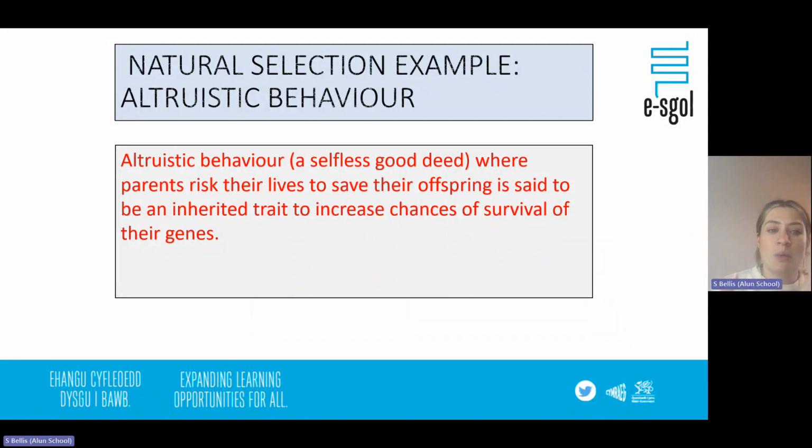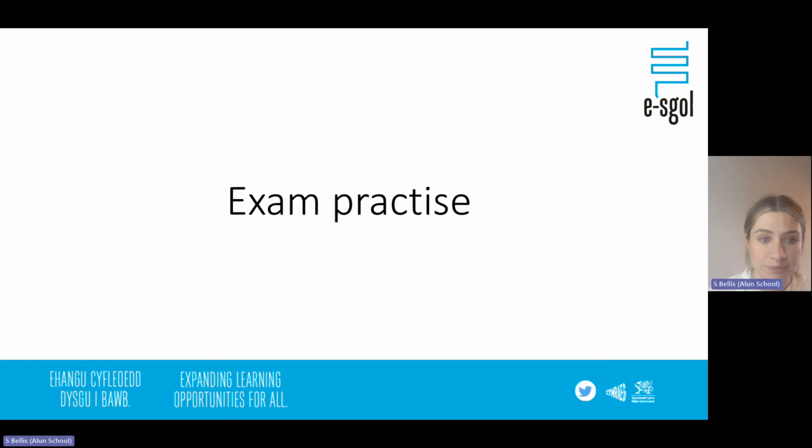So this could link to where parents risk their lives to save their offspring, which is said to be an inherited trait to increase the chances of survival of their genes. They want their children to live long and be happy and healthy, and therefore they are willing to risk their lives so that their children can go and pass on the beneficial genes. So that's altruistic behaviour.